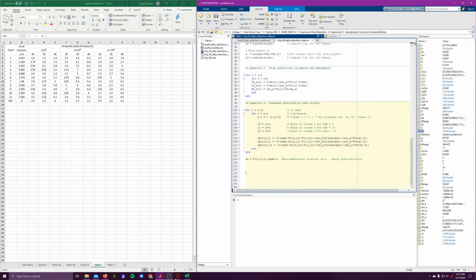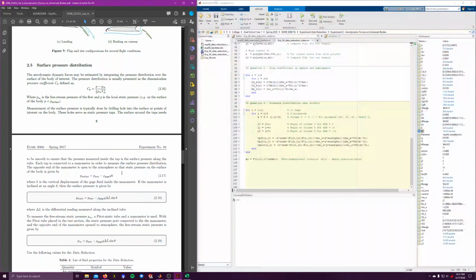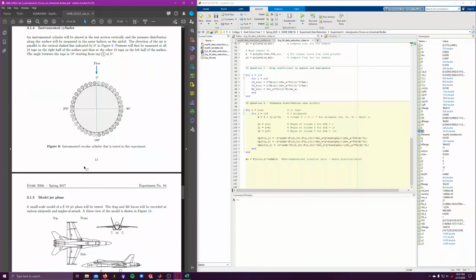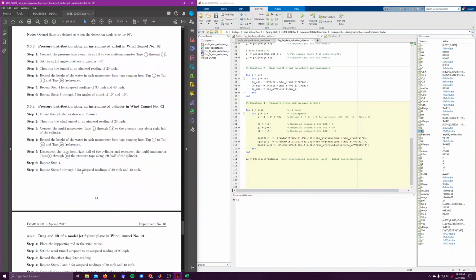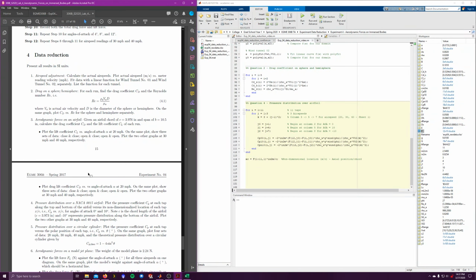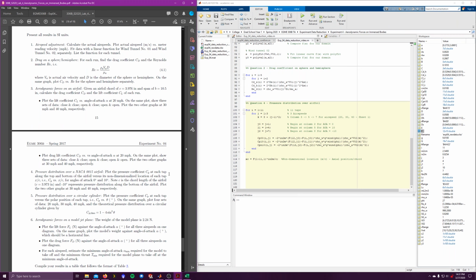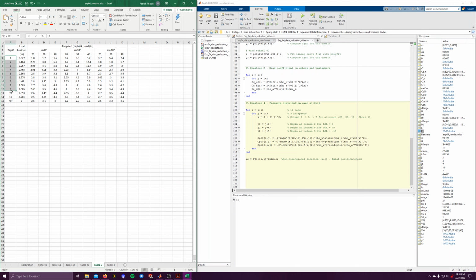Okay, and then for this question, we need to plot our pressure distribution against the non-dimensional location. That's x divided by c, where x is the axial tap location and c is the chord. Okay, so for that, we're just doing this equation here, where we're taking all of our tap data from 1 to 11, for all of that axial position data that we have here.